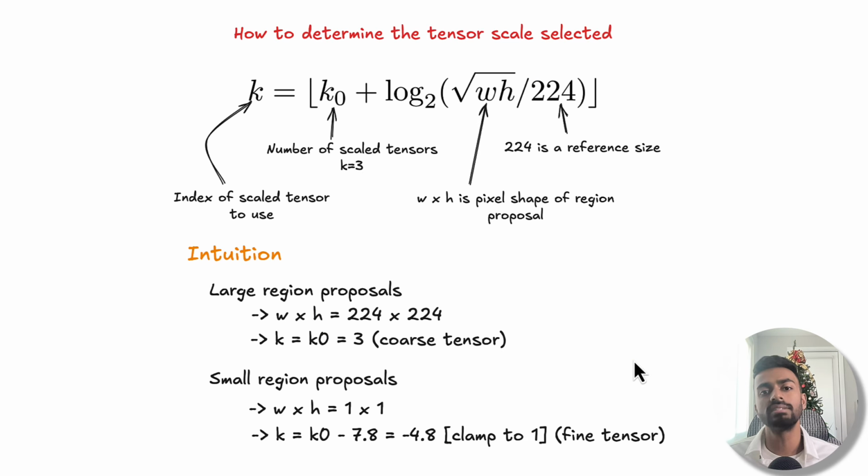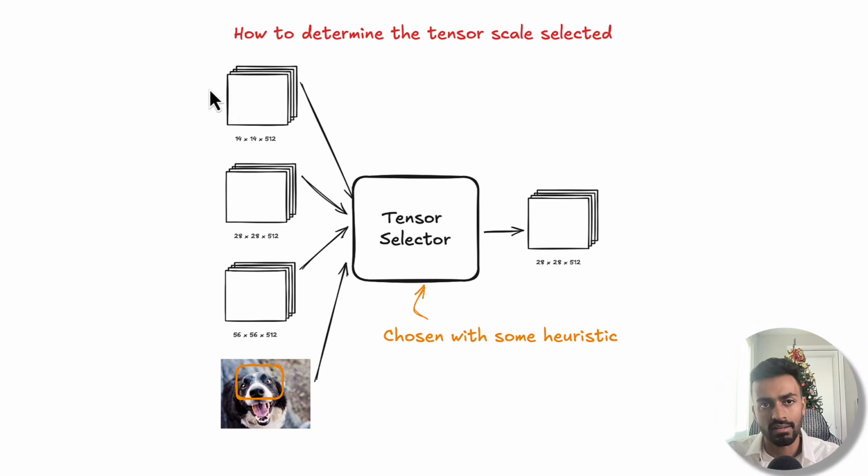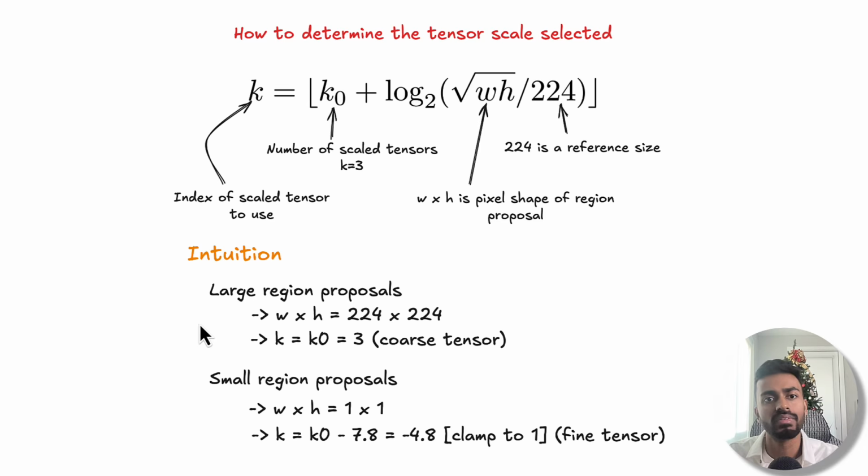A heuristic that is used here is this single line formulation. K is the scale of the tensor used. So for example, this could be K is 1, this is K is equal to 2, this is K is equal to 3. Now, K0 is basically the number of scaled tensors, 3.